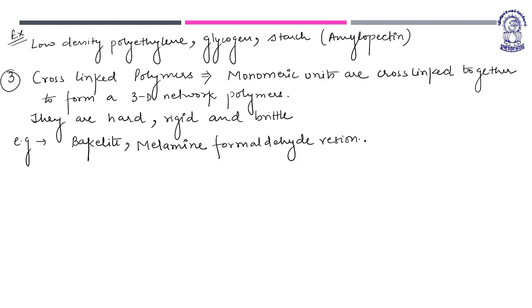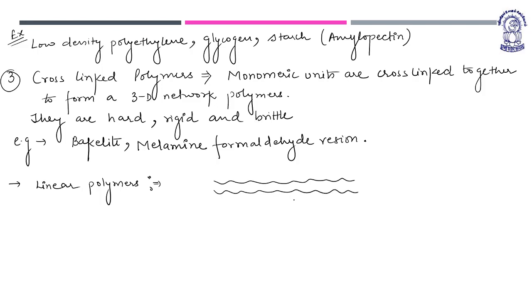When you see the diagram or picture of linear polymers, cross-linked polymers, and branched chain polymers, it will look like this. For linear polymers, the hydrocarbon chains run like this.